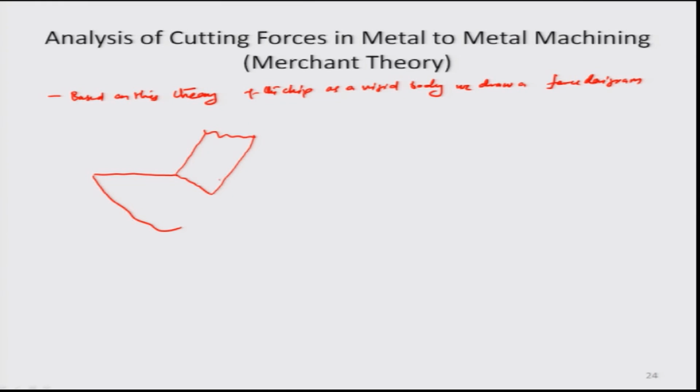With respect to a tool which is present right about here, and you can say that this is how the workpiece actually would look like. This is the direction of the chip velocity. This is the rake angle that the rake face would make with respect to the vertical, and we have the shear force component.